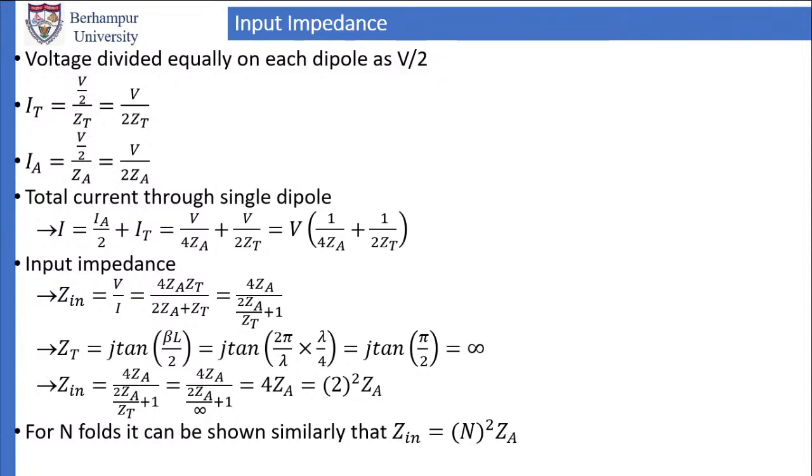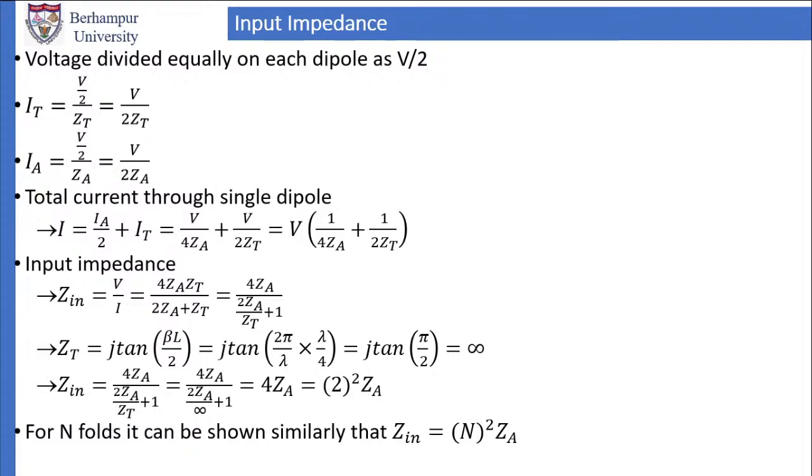So Zin is equal to 4 ZA. ZA is the antenna impedance, which was 73.3. So 4 into 73.3. So 4 is 2 square. So Zin is equal to 2 square ZA.